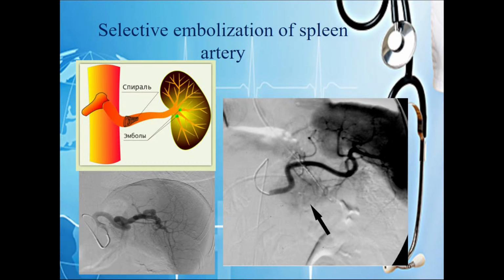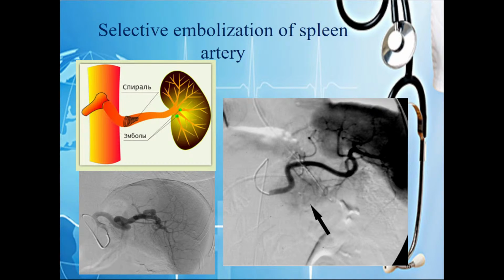It is important to know that it can be a highly selective angiography of the splenic artery when we will see the division of the main trunk into the regional arteries, and we can make embolization of the proper artery to arrest the bleeding.